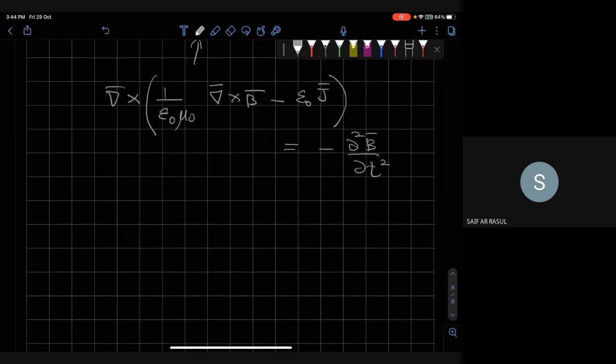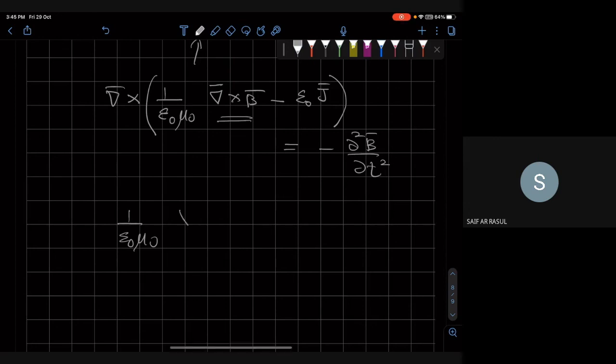And then I can use one of the vector calculus identities of a vector field, and I should get something like, so this will give me two terms.